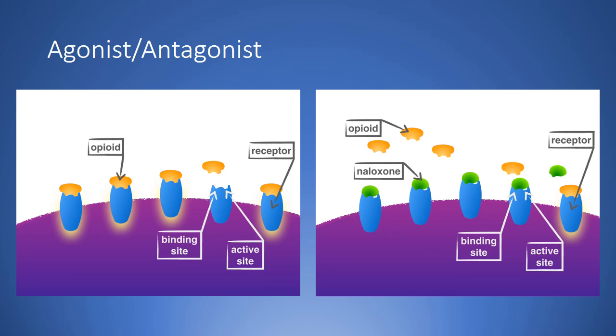And remember the differences between agonist and antagonist. So an agonist, remember, causes an action. And that's going to be key. We talk about beta agonist, that would be albuterol. It causes an action.